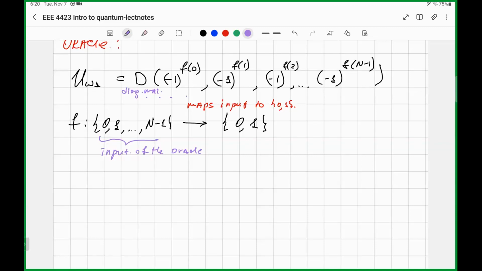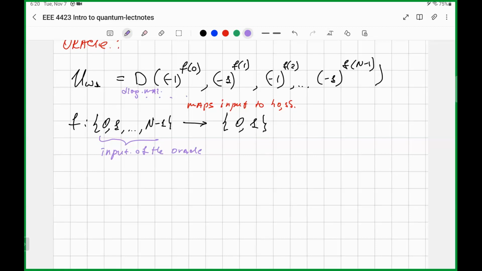So the purpose of this oracle will be to flip the sign in one of the terms, one of the amplitudes, and this changing of the sign will enable this search procedure.